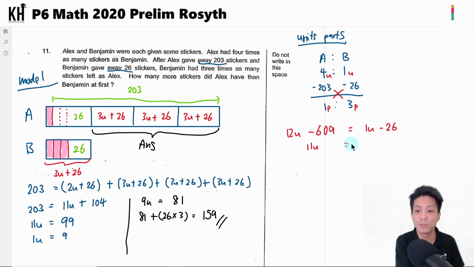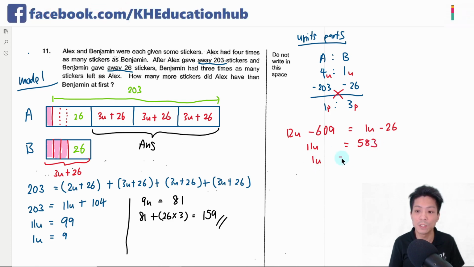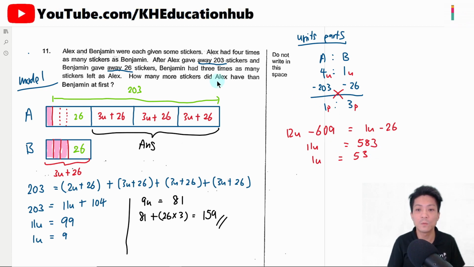At this point, 11 units is equal to 609 minus 26. It's going to give me 583, and so 1 unit will be equal to 53.